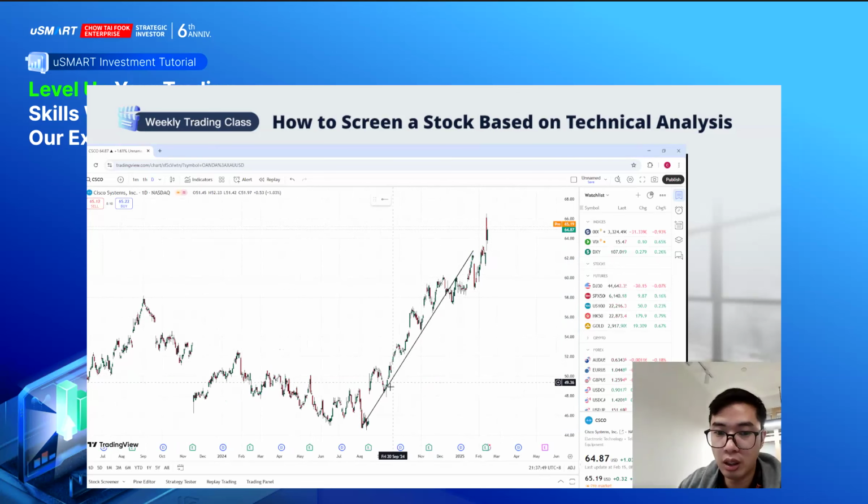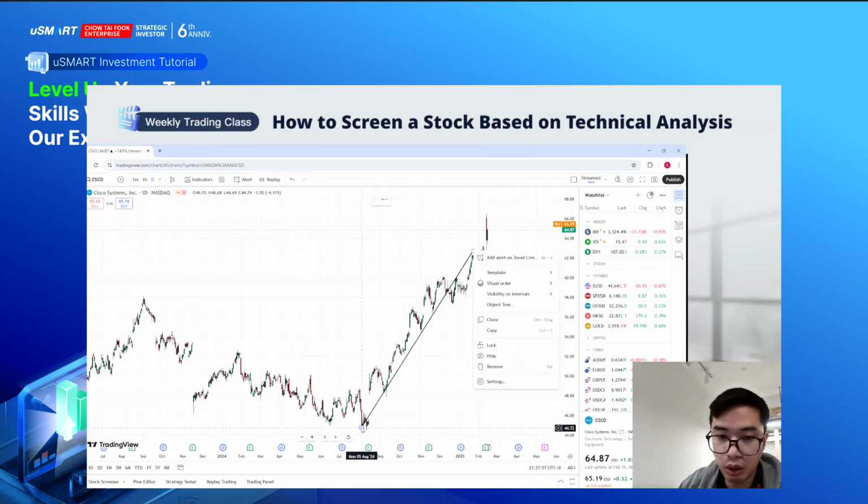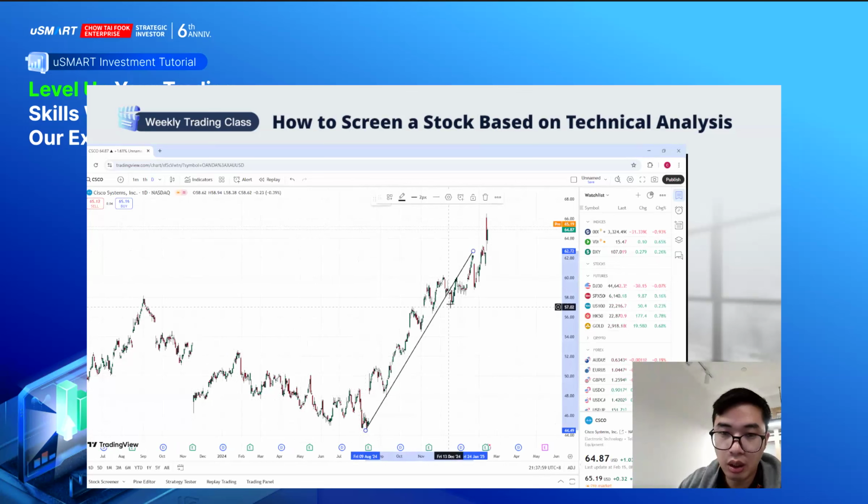So here, you can see you can at least trade when it retraces to the trend line. When you draw this, every time it retraces and then rejects, you can try to enter. Because why can we enter here?